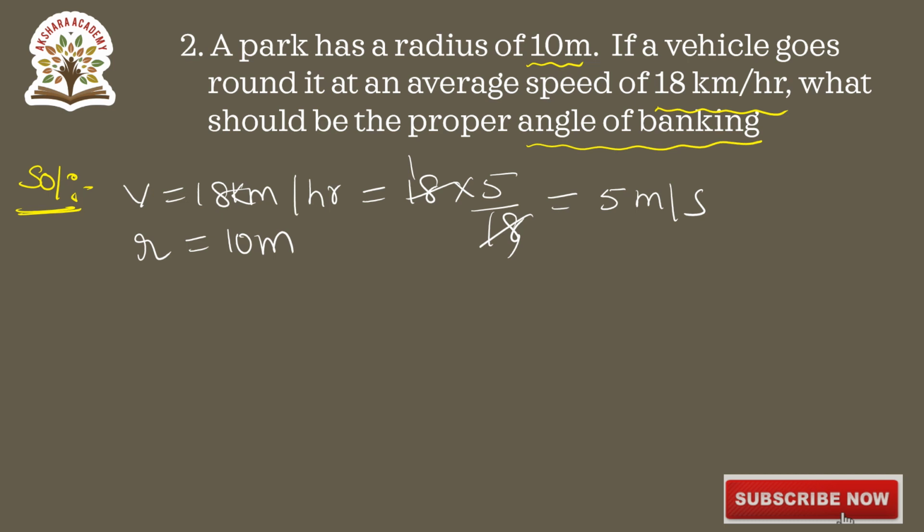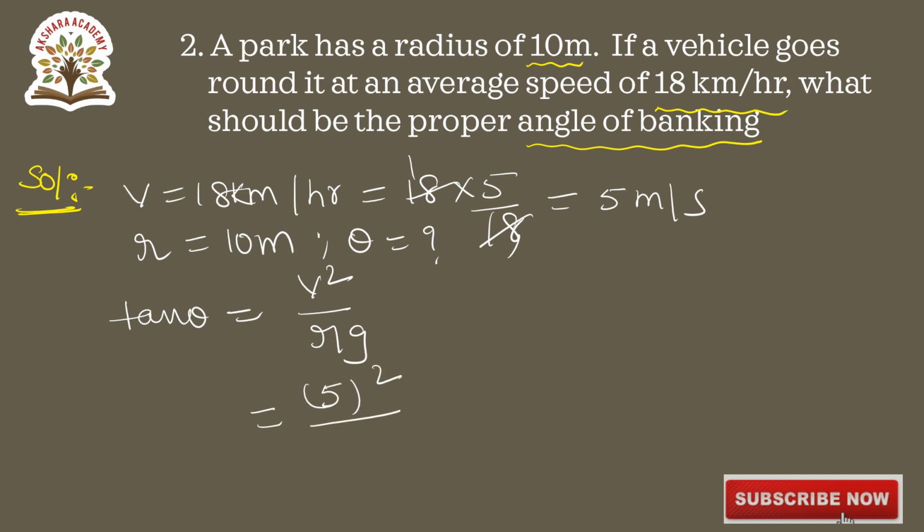You have to find out the angle of banking. That is tan theta is equal to V square by R g. Theta is the angle of banking. So from tan theta is equal to V square by R g, substituting the values, V is 5 whole square, R is 10, g value is 10.